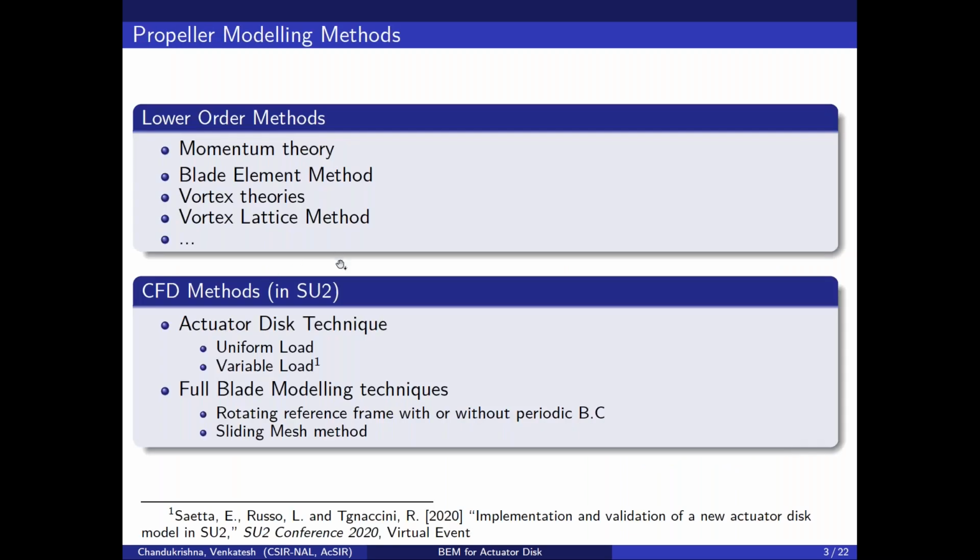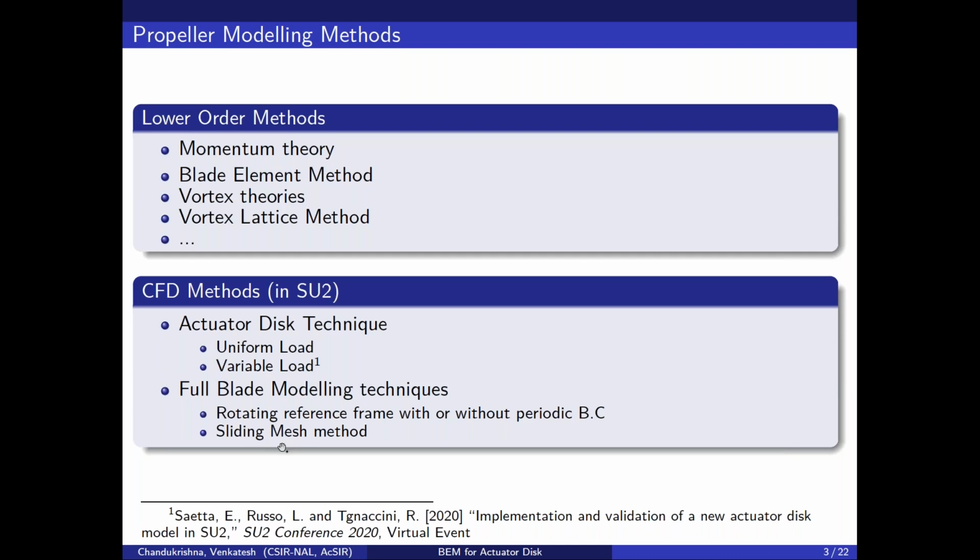You can see that there are different ways to model the propeller according to the required fidelity. We have blade element method and vortex lattice method, etc., as the lower order methods. And in the CFD methods, particularly in SU2, we have actuator disc technique and full blade modeling techniques. Under actuator disc technique, we have uniform load technique and variable load technique.